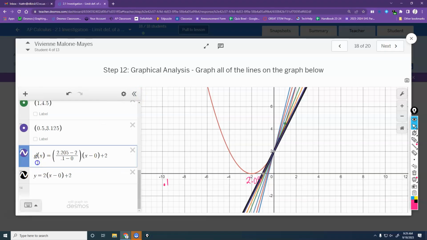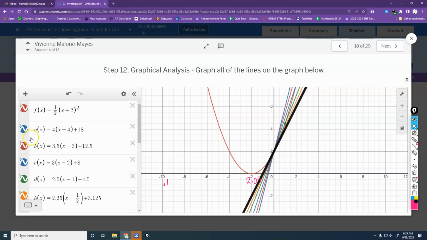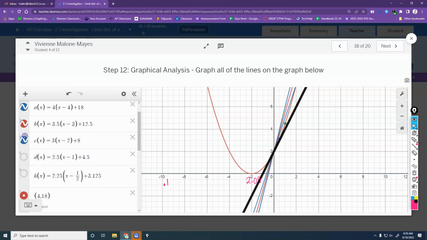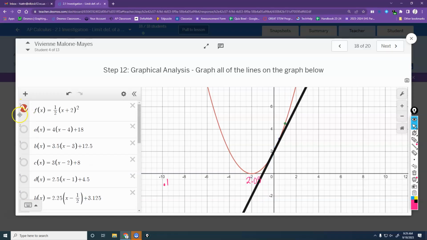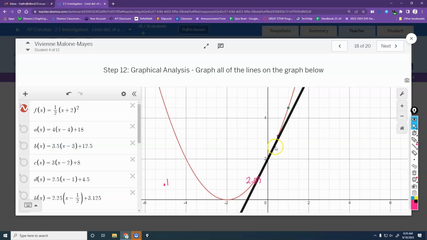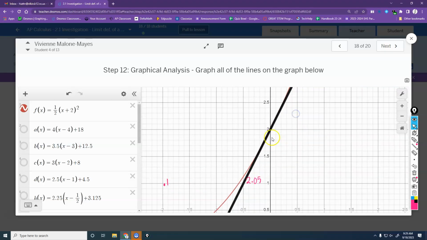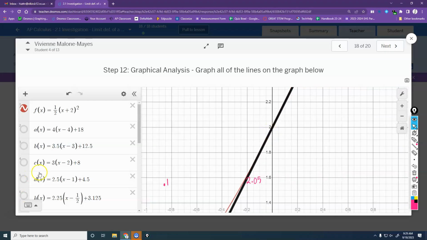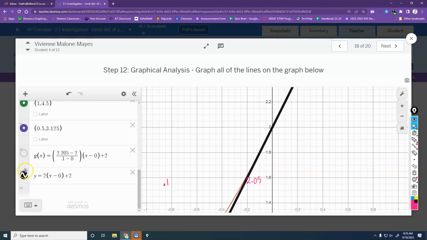But if you click right here, there's that purple line. All of these lines get closer and closer to that black line. If we get rid of those other lines, and just look, oh, don't get rid of that line, that's our graph. Just look at that point right there.